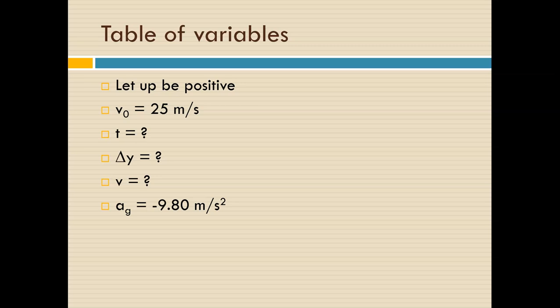Now, when we look at this, we see we've got 5 variables. We know 2 of them. In order to solve our table, we need to have 3 of them. So now we got to look at what's physically happening. When we toss the ball up into the air, when it gets to its maximum height, do we know any of those numbers? Yes? The final velocity is going to be 0. It's going to be momentarily 0 at that time.